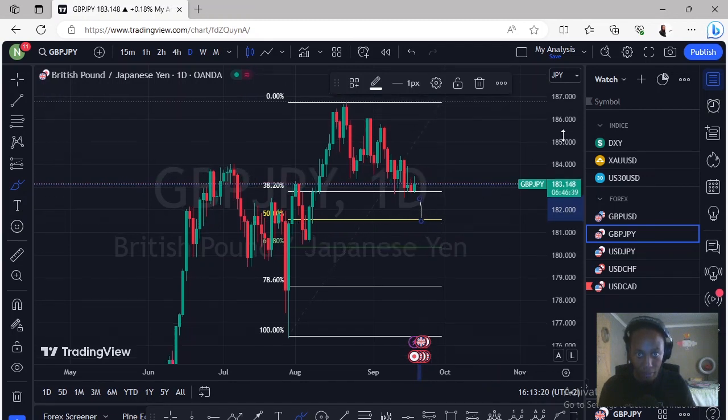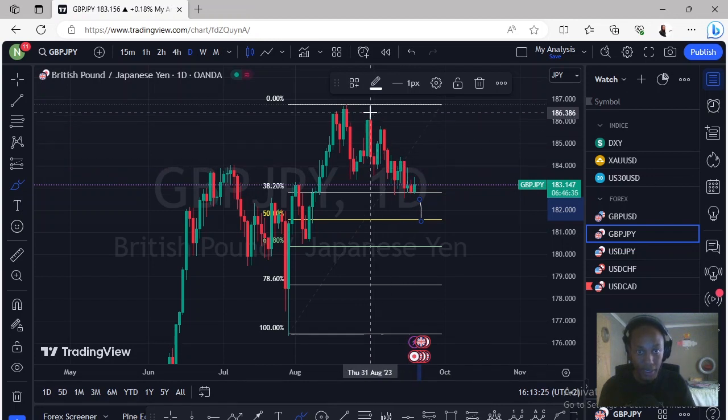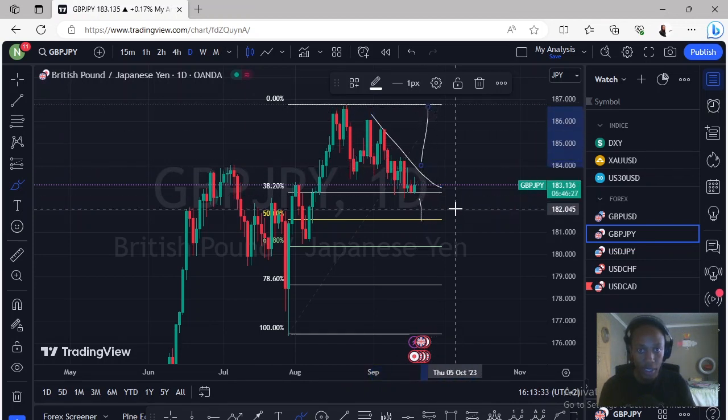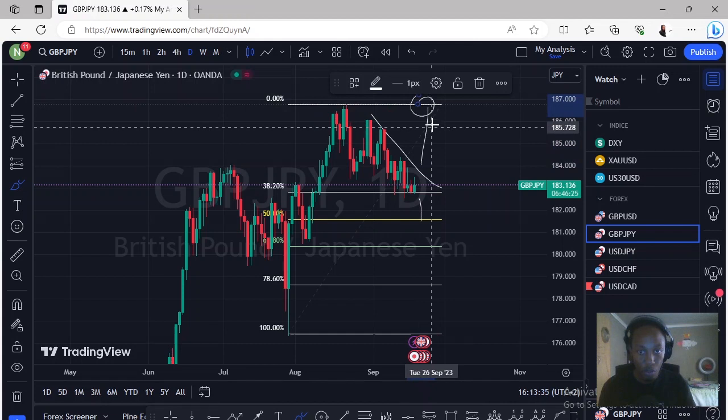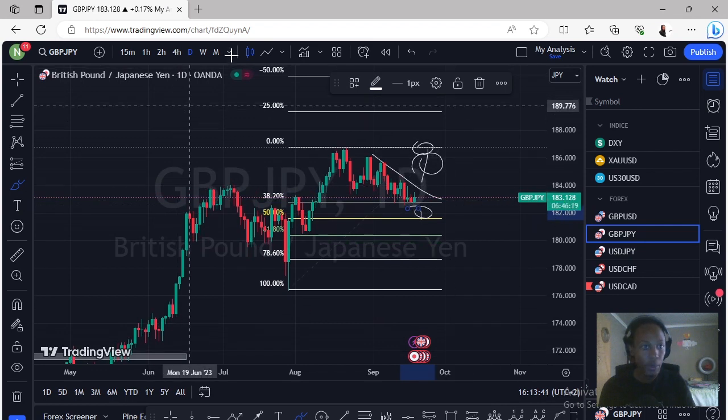If we get a bullish engulfing or some price action breaking this diagonal trend line, then we're heading up to this area over here. We're filling up this gap, but overall it's an uptrend.